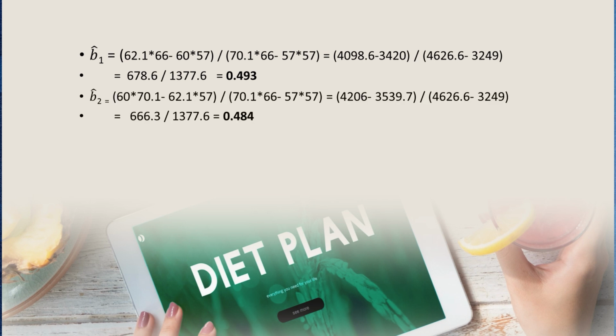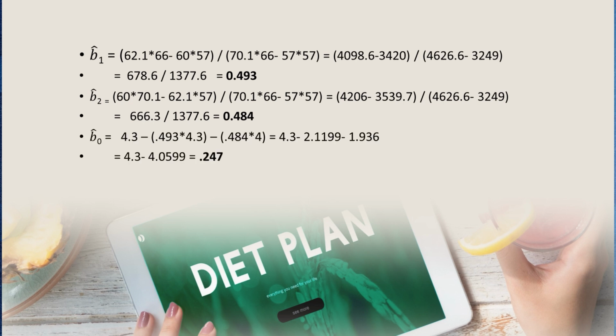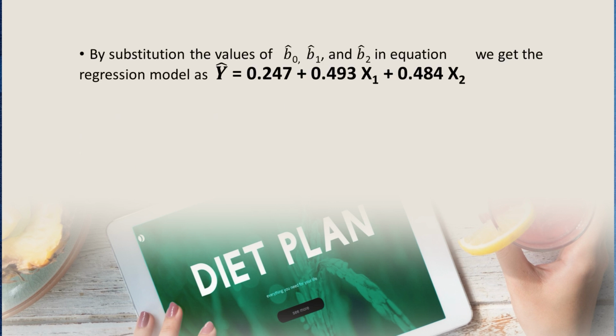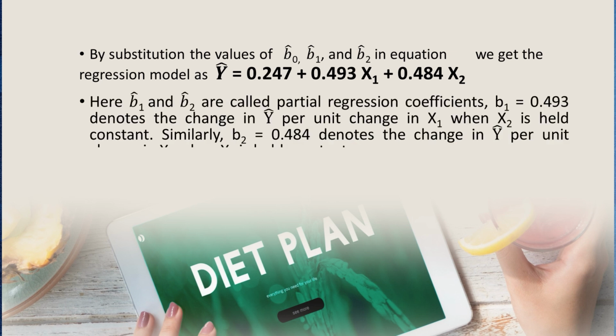Similarly, by putting the values of x1 and x2, we can estimate b2 and we get the value as 0.484, and by putting these values of b1 and b2 we can get the estimated value b0 as 0.247. By substituting the values of b0, b1 and b2 in the equation, we get the regression model as y cap is equal to 0.247 plus 0.493 x1 plus 0.484 x2. Here b1 and b2 are called partial regression coefficients.